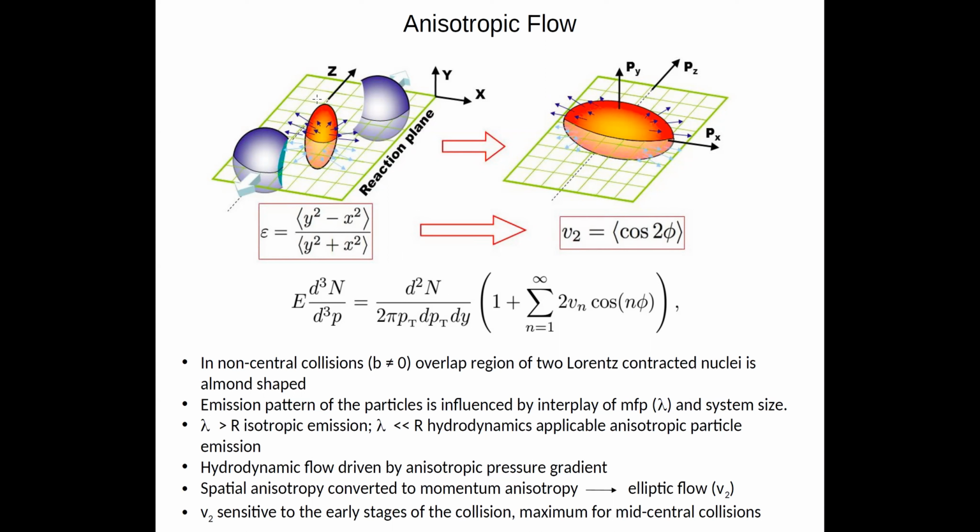They will have an anisotropic emission pattern in dN/dφ. Their azimuthal distribution will no longer be isotropic; it will be highly anisotropic, with more particles along x and fewer particles along y.